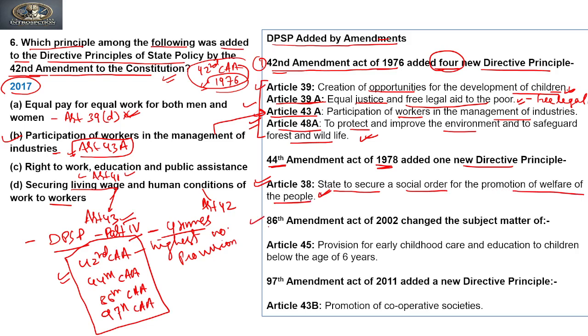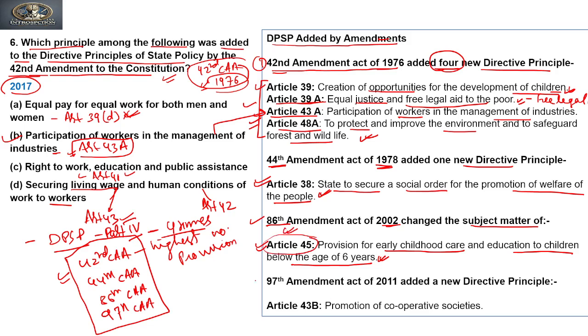Now the next amendment was the 86th Constitutional Amendment Act in 2002, which changed the subject matter of Article 45, which says provision for early childhood care and education to children below the age of 6 years. So the subject matter of 45 was changed through the 86th Constitutional Amendment Act.